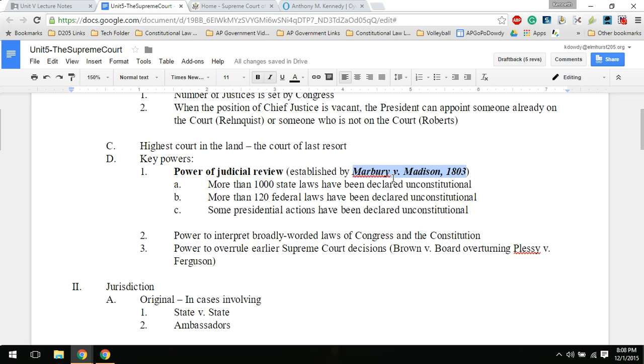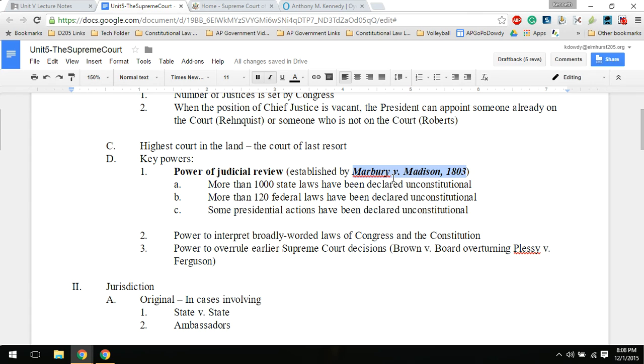Without that decision, where they interpreted a piece of legislation, in that case the Judiciary Act of 1789, we would not have the ability to interpret whether or not, for example, and I know I keep coming back to this case, the only reason I come back to it is because it's so historical and it's so recent, the gay marriage case that was determined this past summer.